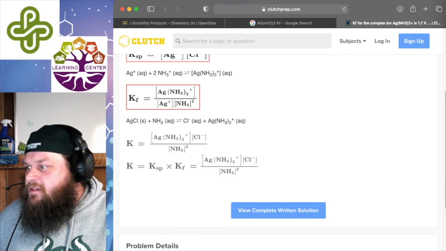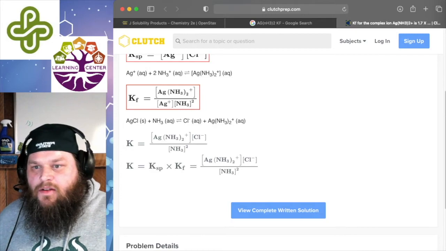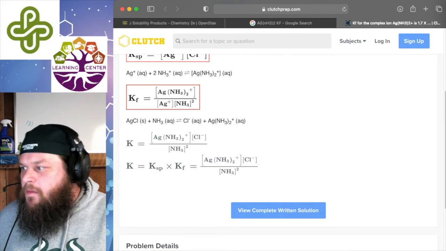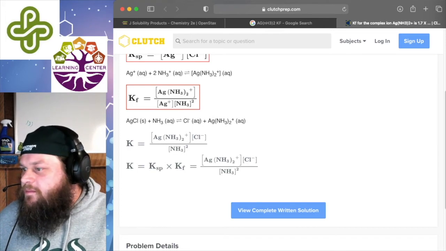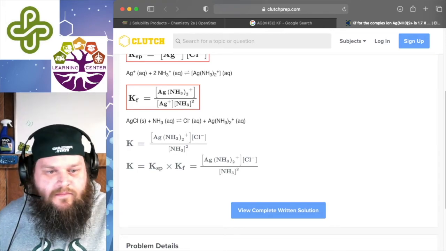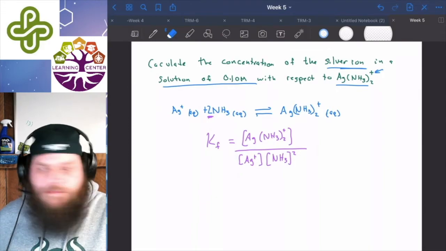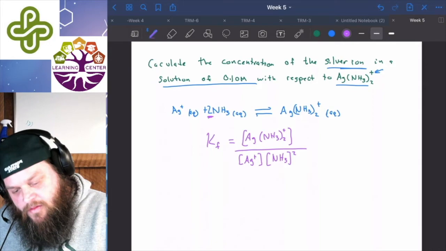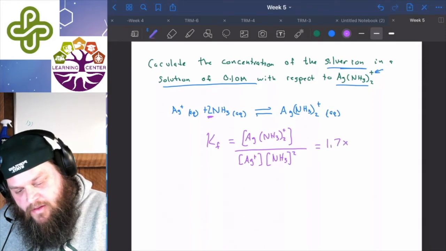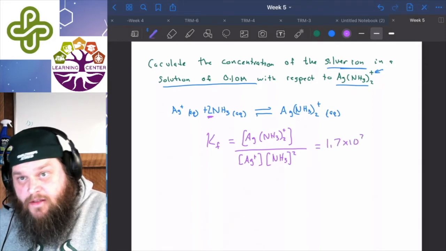So that's what it's telling us here: 1.7 times 10 to the 7 is my Ksp, or K of formation for that. So this needs to equal 1.7 times 10 to the 7.